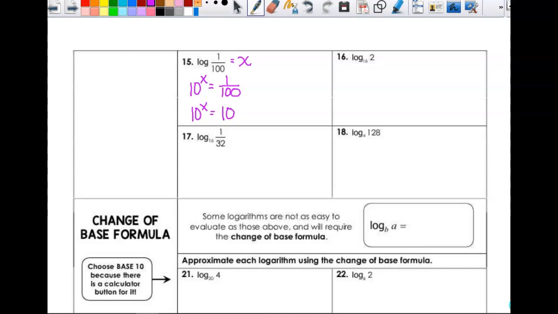So when you get your common bases there, we know it's going to have to be negative because it went to the denominator, and it'll be negative 2. So x equals negative 2. You agree with that? What questions you got?